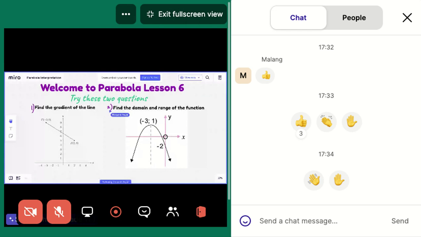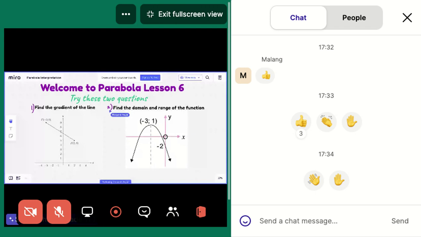We're going to try the first two questions for those of you that just joined. Find the gradient of the line and find the domain and range of the function. Okay, I'm going to give you one more minute and then we're going to have a look.